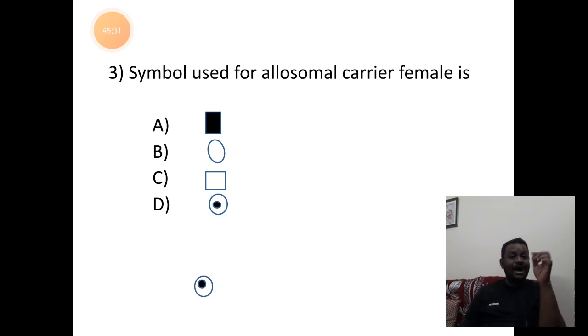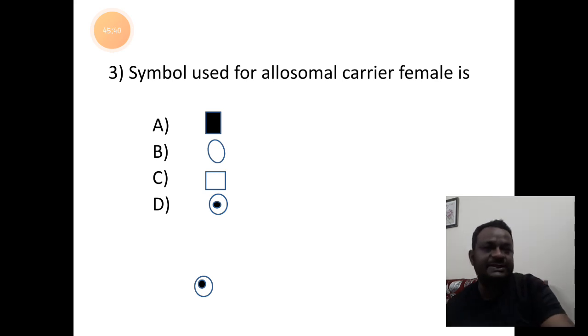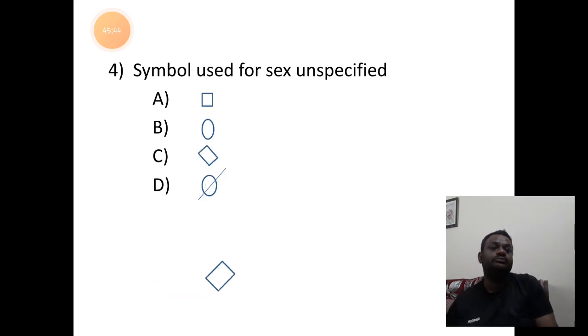But if you have a circle with a dot inside, we call it an allosomal carrier female. So, answer is D. The symbol used for sex unspecified is the rhomboidal symbol. So, answer is C here.